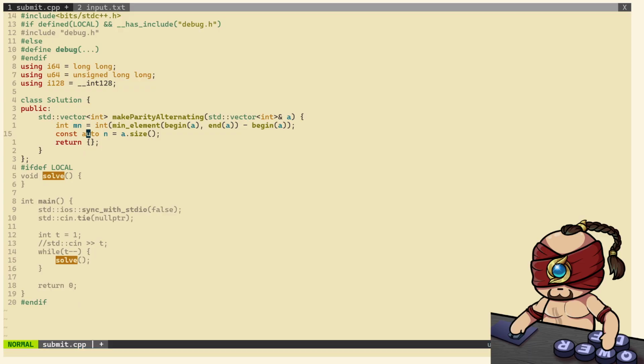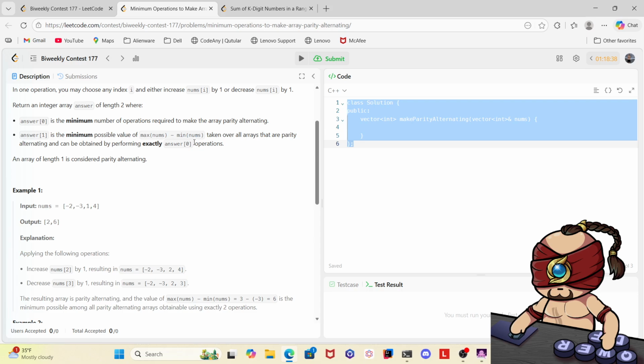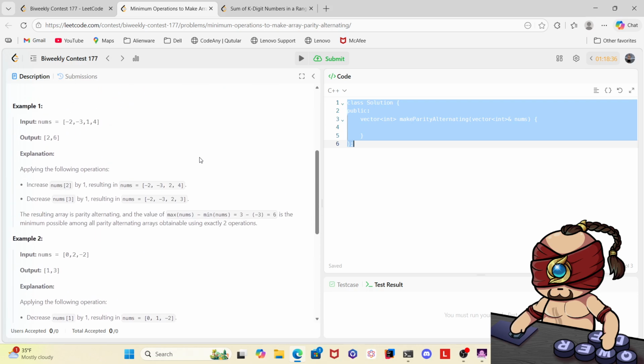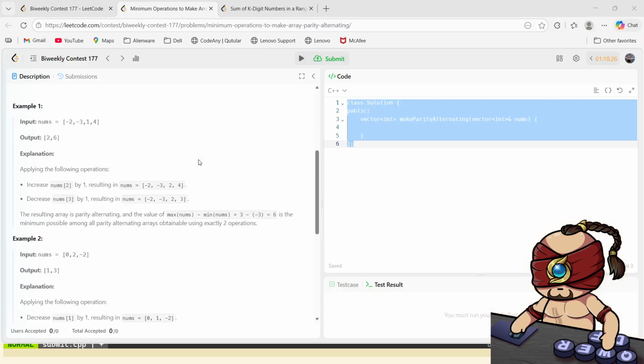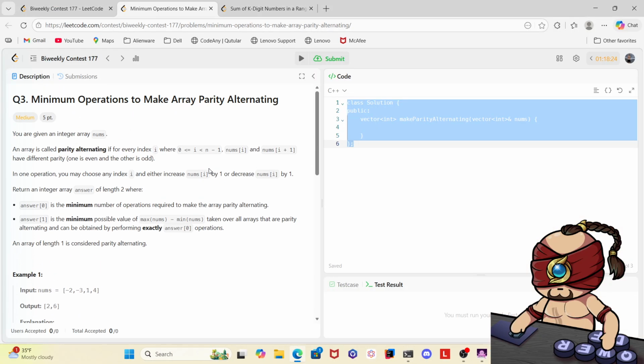Okay, how do you do this? So we go into test on this number, return two of them.